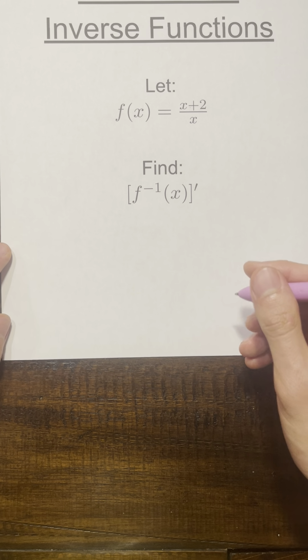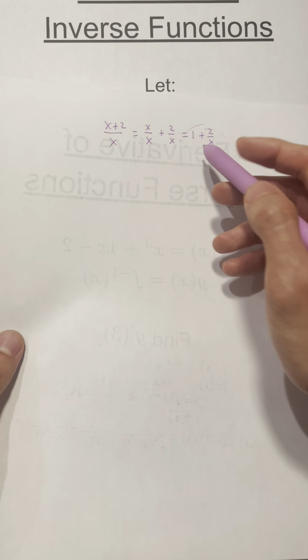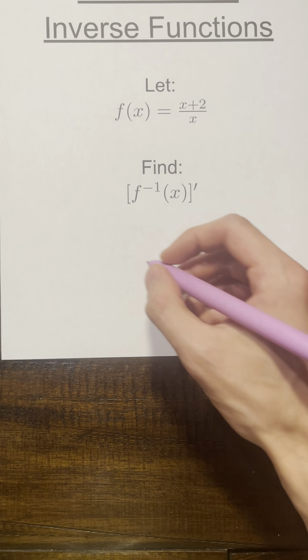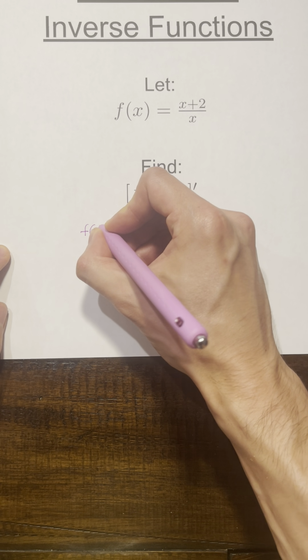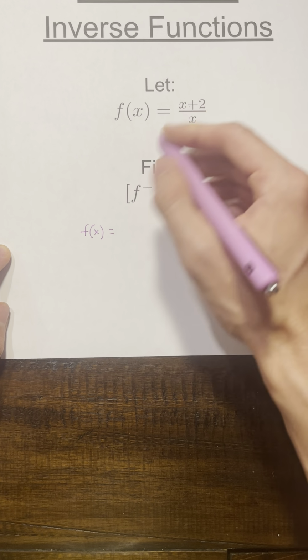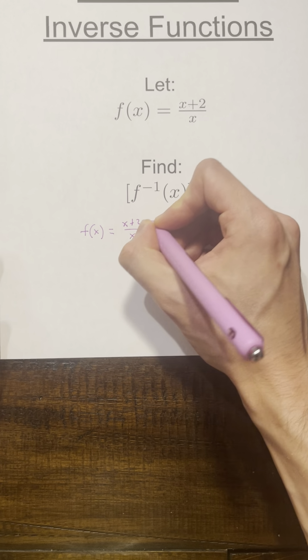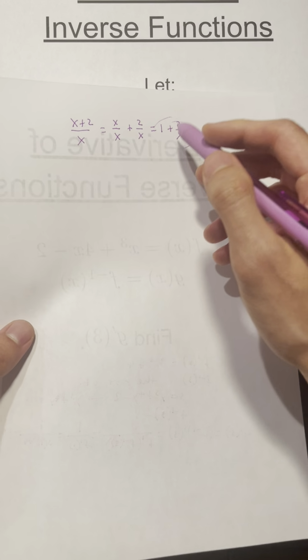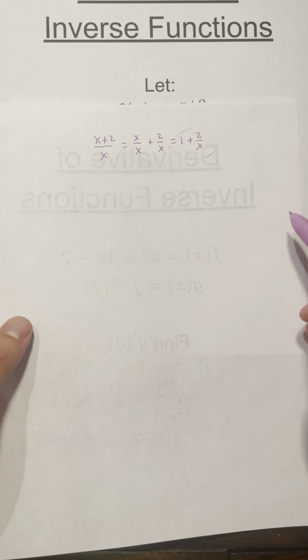All right, so let's go ahead and write this down. I'm going to say f of x equals this, which equals this. And by the way, whatever I write on this sheet of paper, you don't have to write down.